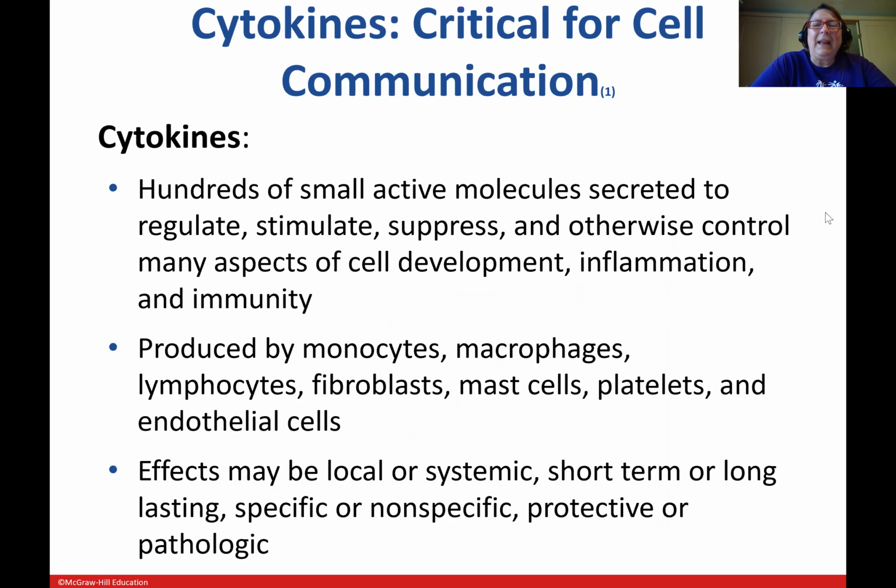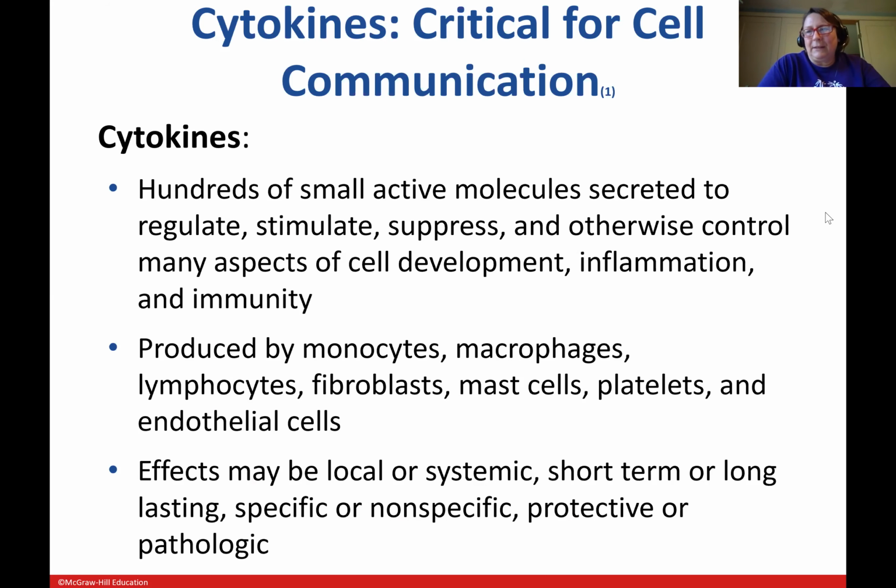So basically, there are lots and lots of cytokines, hundreds and probably thousands of cytokines, and they do all sorts of things. They can regulate the immune system, they can stimulate it, they can call immune cells, they can say, okay, we're done with dealing with the infection, everybody, slow down, stop dividing, stop going after it, we're done.